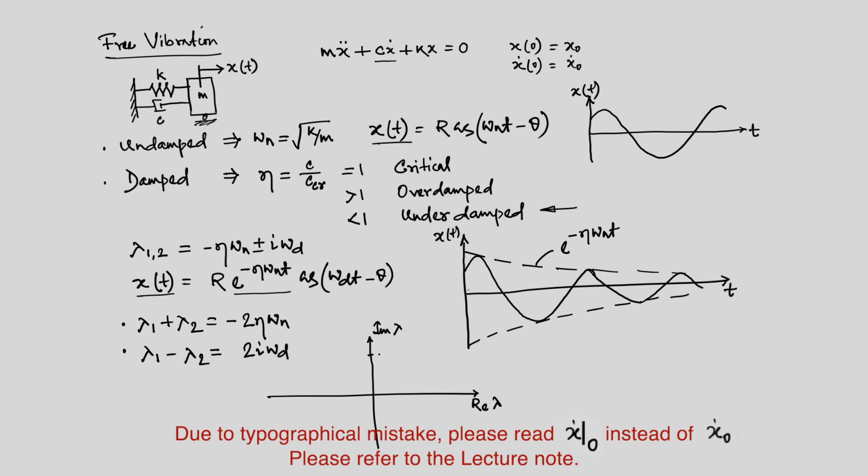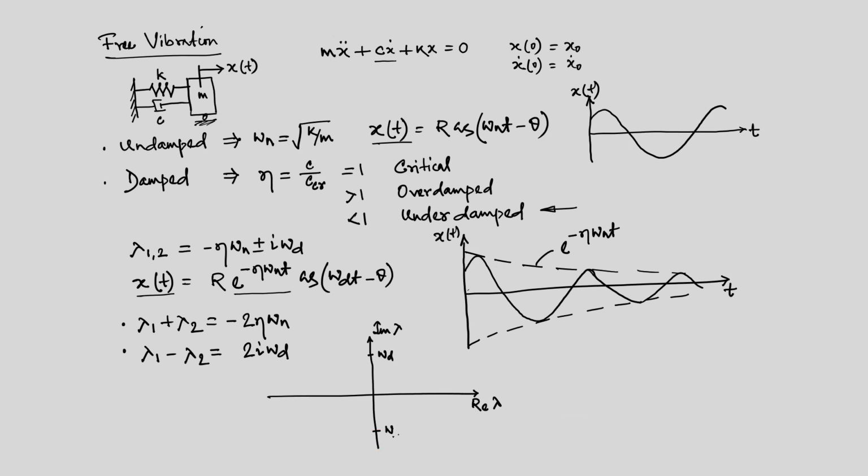Then we have omega d marked here, and this is our minus eta omega n, and the root in the complex plane will lie here. So, this is our lambda 1 and this is our lambda 2.